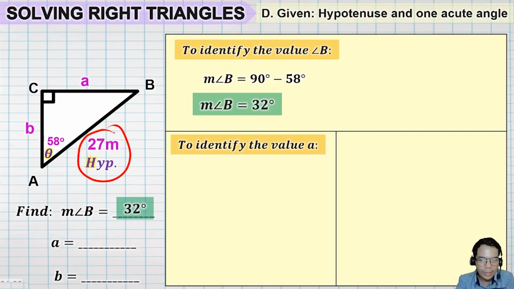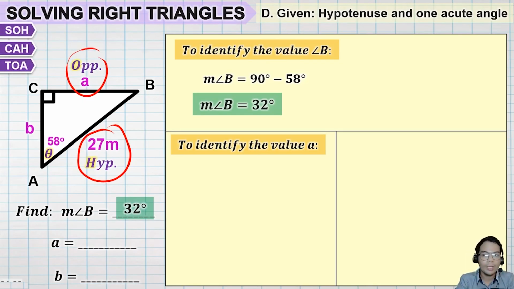So that's one already. And then, ano ba yung gusto mong isolve? The value of A or the measurement of side A. So ano ba yan si side A? Opposite o adjacent? Opposite side kasi opposite siya ng ating reference angle. So, meron ka ngayong hypotenuse tsaka opposite side. Therefore, ano yung gagamitin natin sa tatlo? Is it SO, CA, or TOA? Yan, syempre, yung merong opposite at hypotenuse sa pangalan niya, si SO.